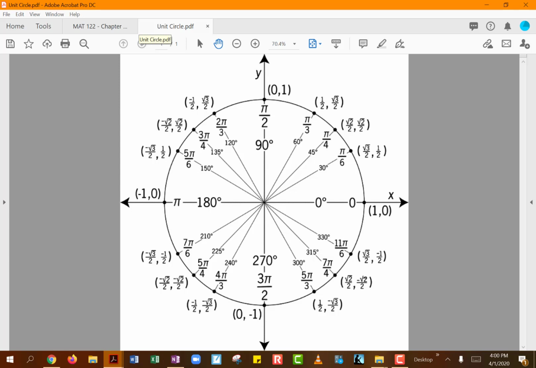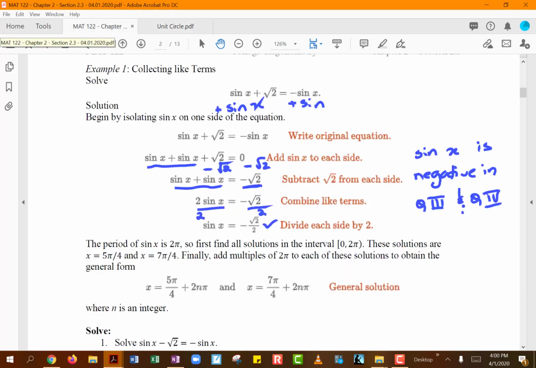We are looking for where our sine function is going to have the value of negative square root of 2 over 2. You can see that's going to be here at angle 5 pi over 4 and angle 7 pi over 4. So like I said, use the unit circle to help you out.